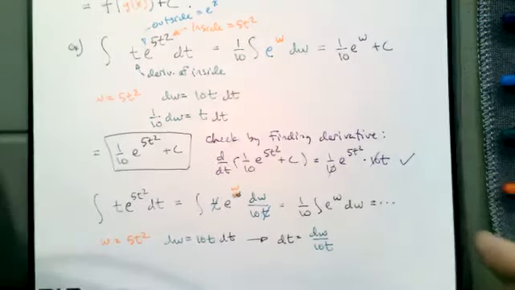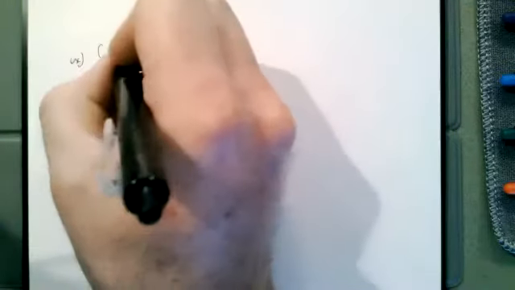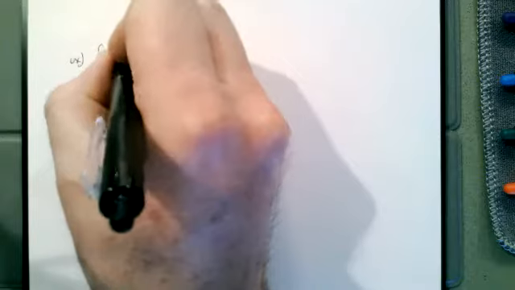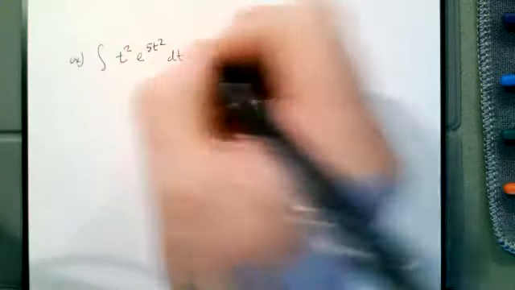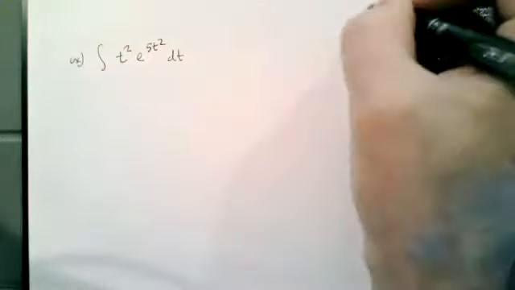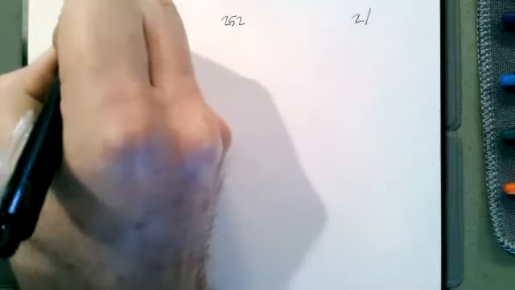Let me look at an example of what I mean. I'm going to modify what we just looked at very slightly. So let's suppose that we have an integral of t squared e to the 5t squared dt. The only technique we have right now is integration by substitution. So we're going to check to see if this is a substitution problem.